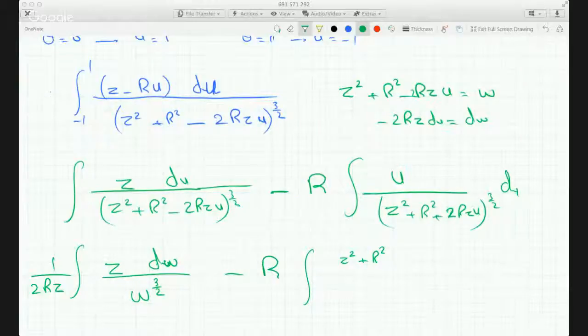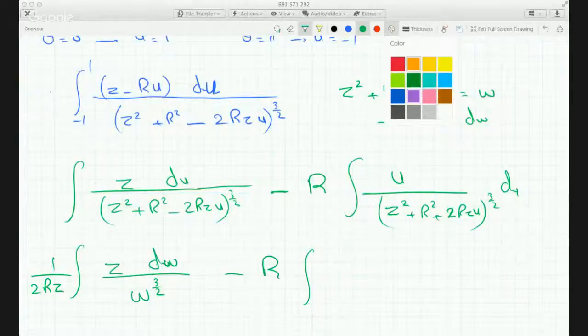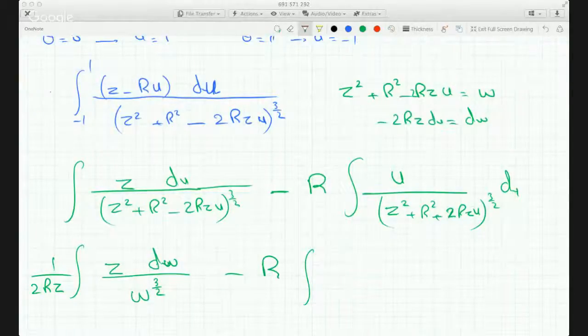Let's just call this alpha to make this a little simpler.